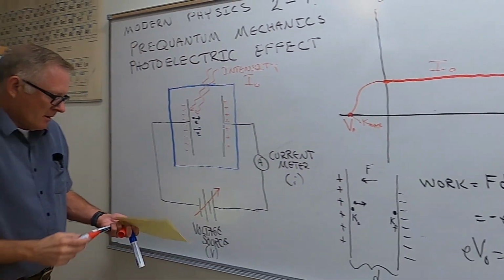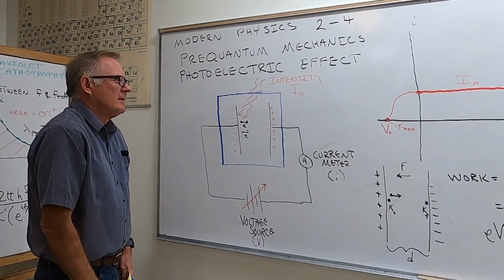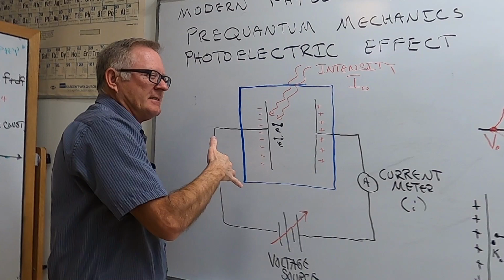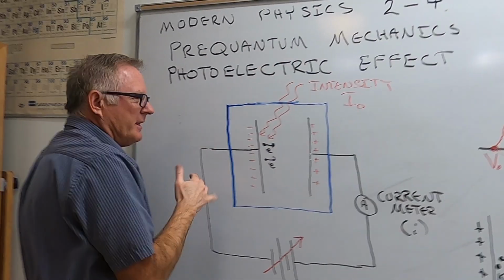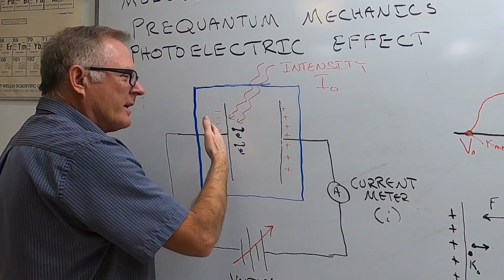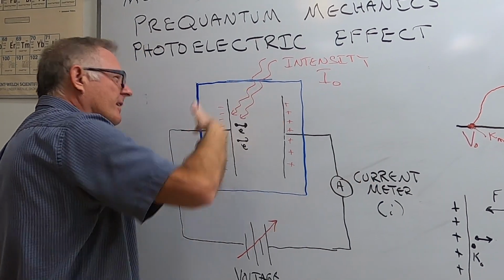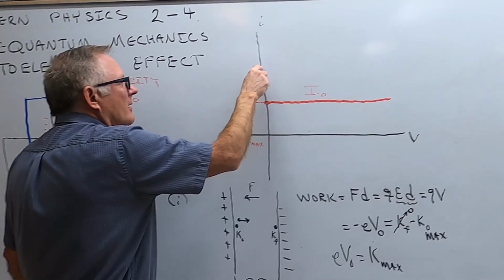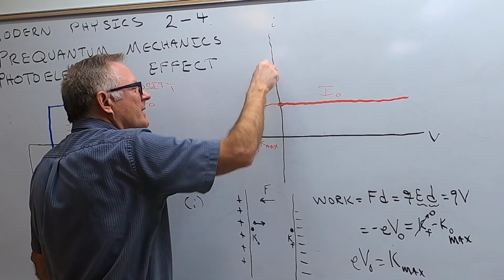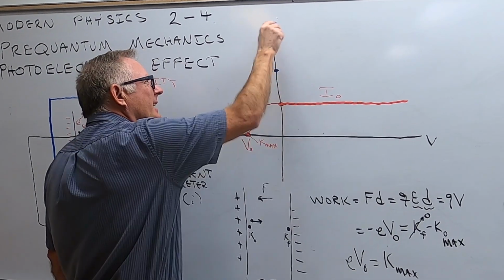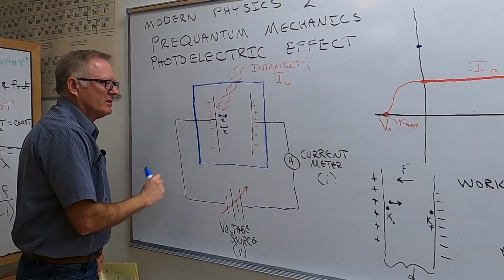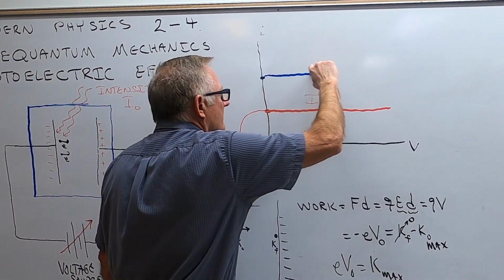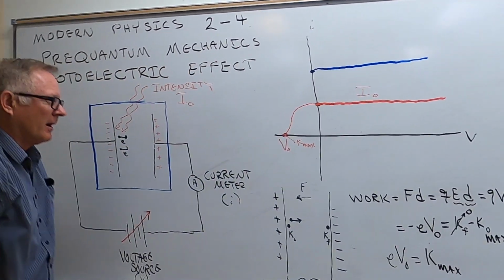Okay. Well, let's say we come over here and we double the intensity. If we double the intensity, we get twice as much current, twice the brightness. I'm still at 0 volts. If I turn up the voltage one way, I don't get any more, because I've already collected all the ones that pop off.